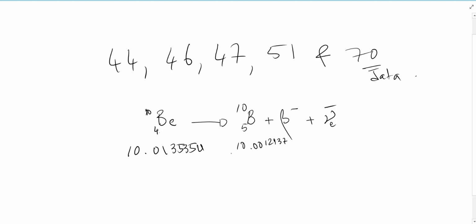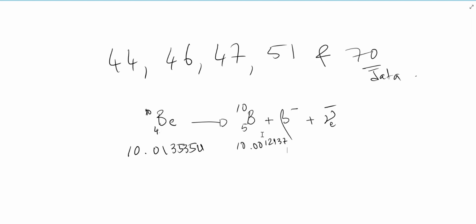In terms of mass, this mass is higher than the other mass, so definitely this reaction is possible, and we should account for the fact that one of the neutrons in here went through a beta minus decay and converted itself to a proton. So that's exactly what happened in this nuclear reaction.